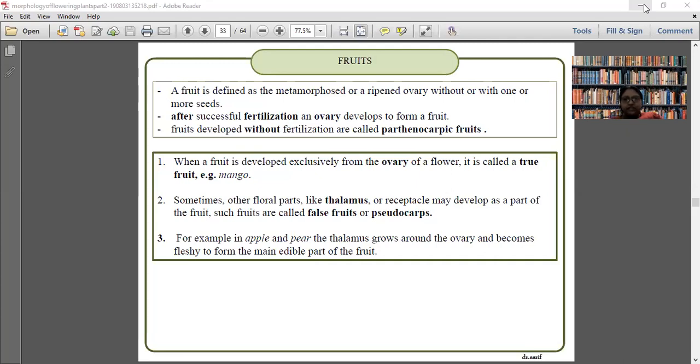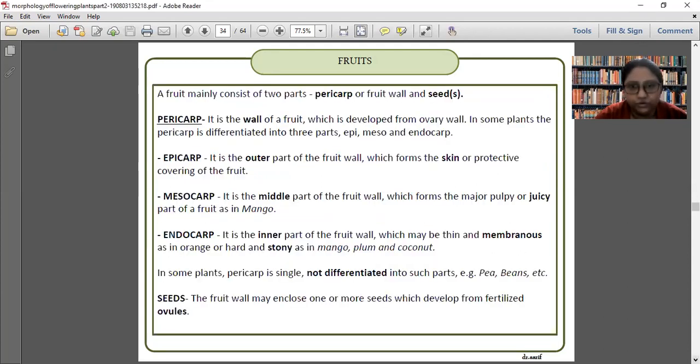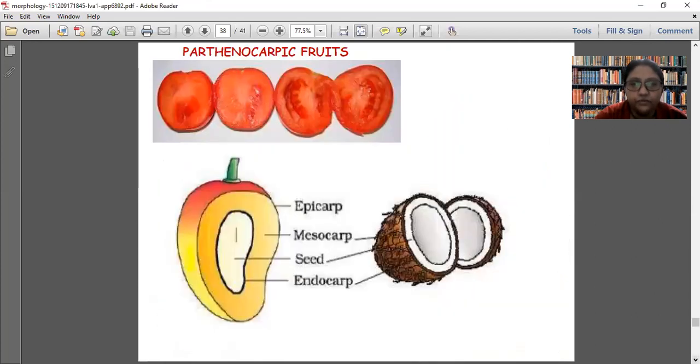And the fruit in which the edible part is the ovary, we call a true fruit. Now, if you look into a fruit, it will have mainly two parts. So let us have a look into the parts of a fruit.